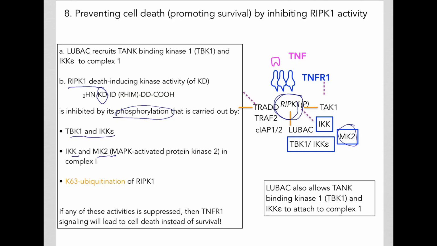It's also known that the K63 ubiquitination of RIPK1 helps in its phosphorylation and therefore inhibition of its kinase activity. So if any of these activities does not happen, is suppressed, then TNFR1 signaling will lead to cell death instead of cell survival.